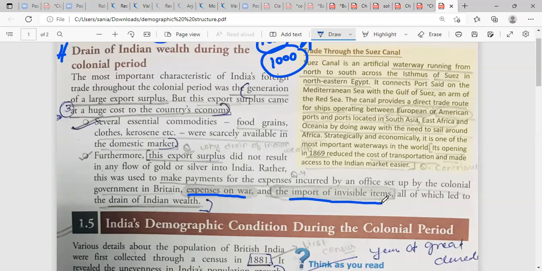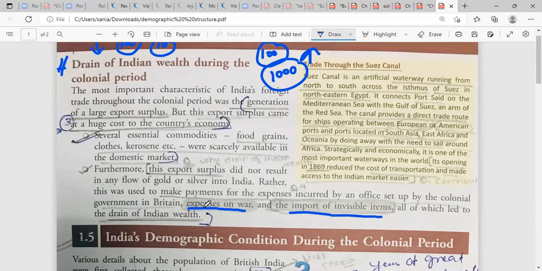So when you are importing something, you have to pay tax, right? In that also they were using Indian money, all of which led to drain of India's wealth. Because of foreign trade, every economy grows, right? But in India, it was opposite. India's wealth started to decline, or basically started draining.